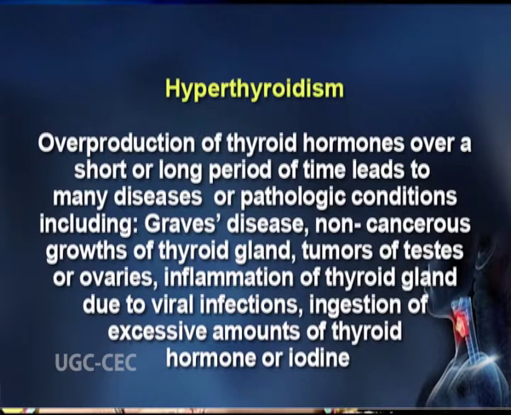Overproduction of thyroid hormones over a short or long period of time leads to many diseases or pathological conditions, including Graves' disease, non-cancerous growths of thyroid glands, tumors of testes or ovaries, inflammation of thyroid gland due to viral infections, ingestion of excessive amounts of thyroid hormone or iodine.